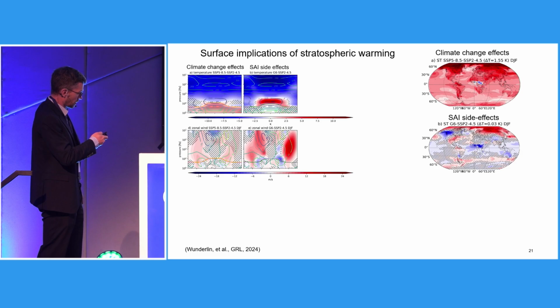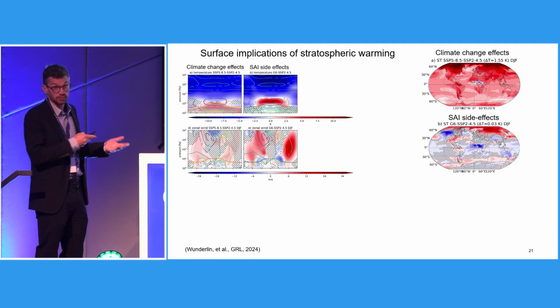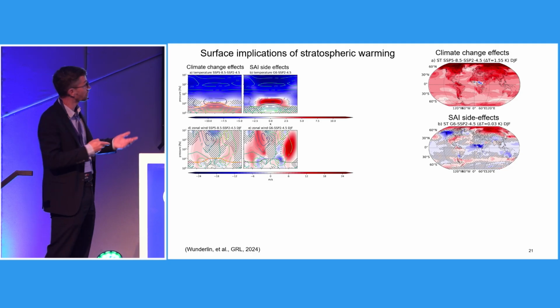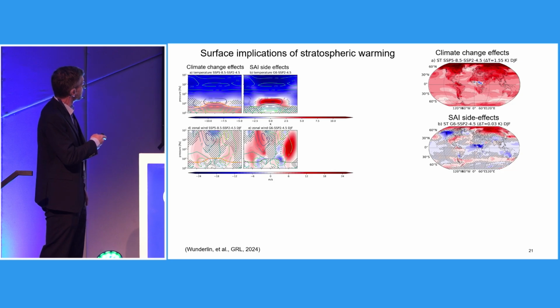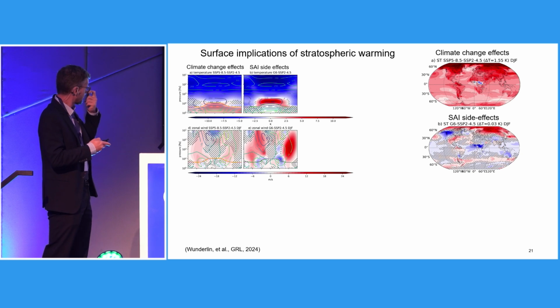If we now do SAI to compensate the high climate change scenario to the low climate change scenario, you can see that the warming in the troposphere is gone. And we have stratospheric heating due to the absorption of long-wave radiation by the aerosols. And we have big perturbations of the zonal winds in the stratosphere, which is what I explained previously.